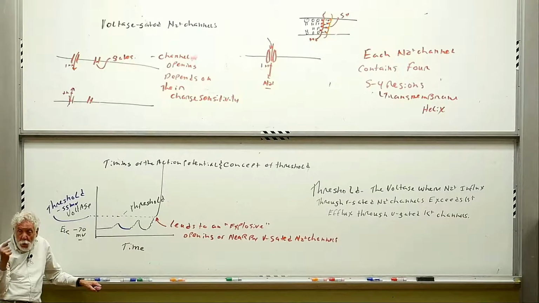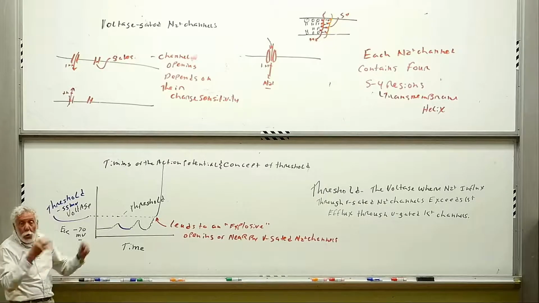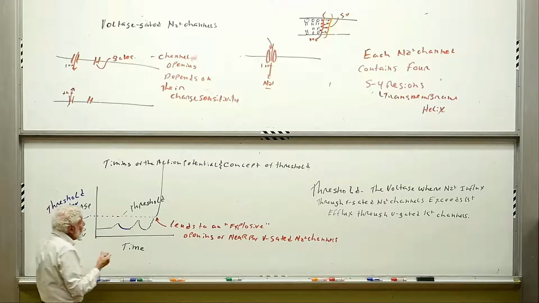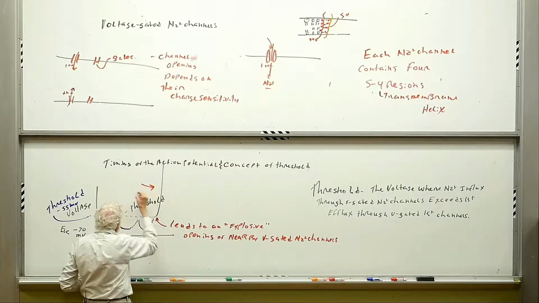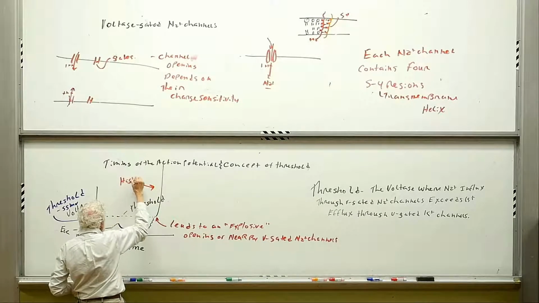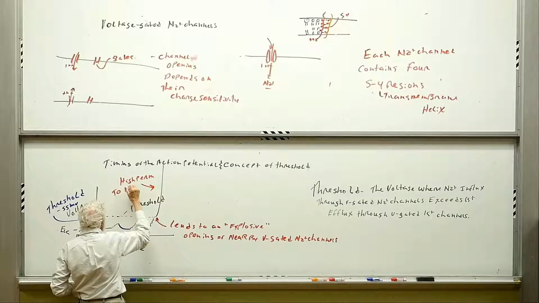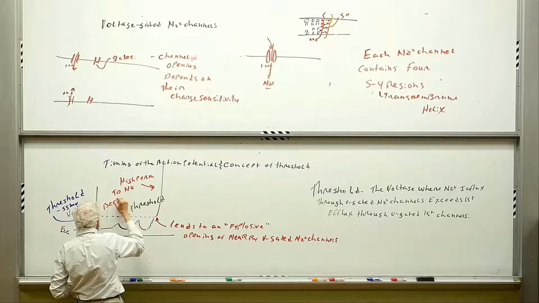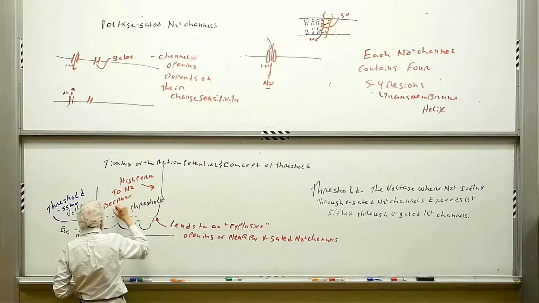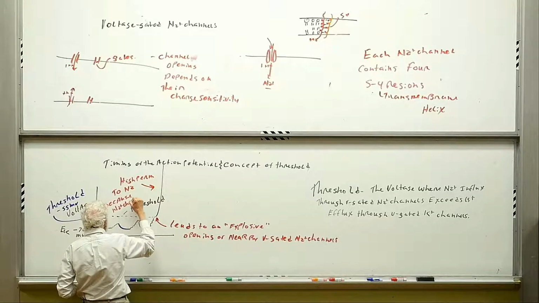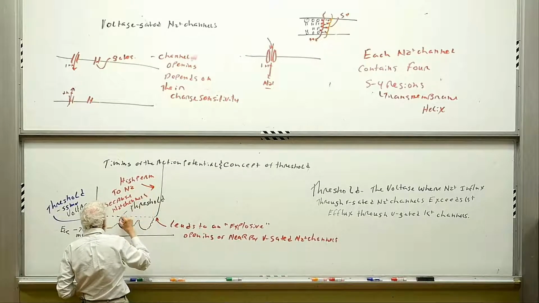So now everybody starts to open and open and open. So you have this explosive event of all the sodium channels opening at one time. And during this period of time, you have high permeability to sodium, because sodium channels are opening.